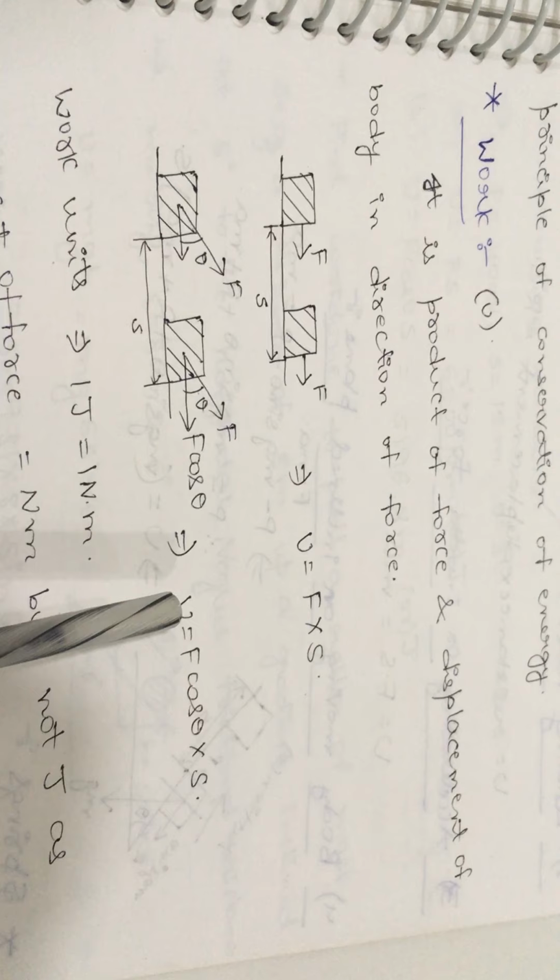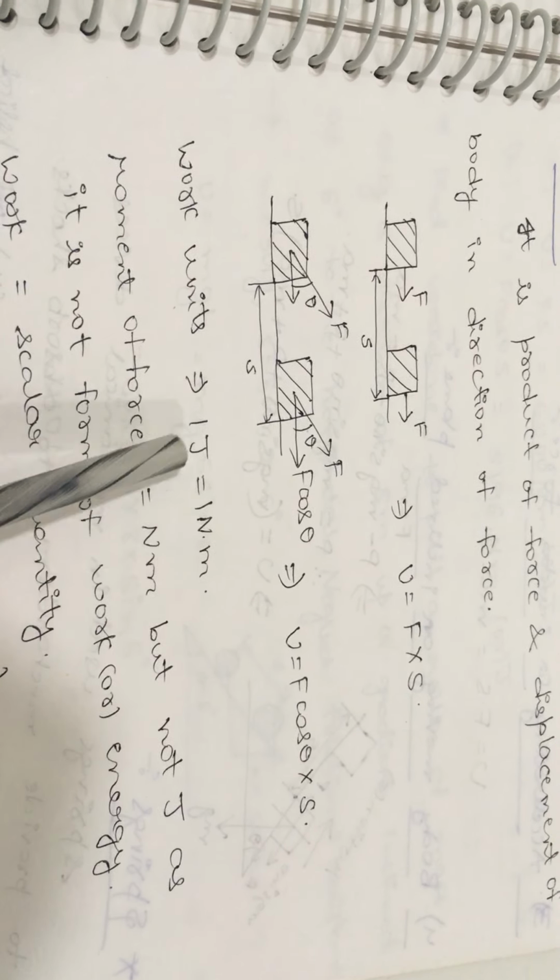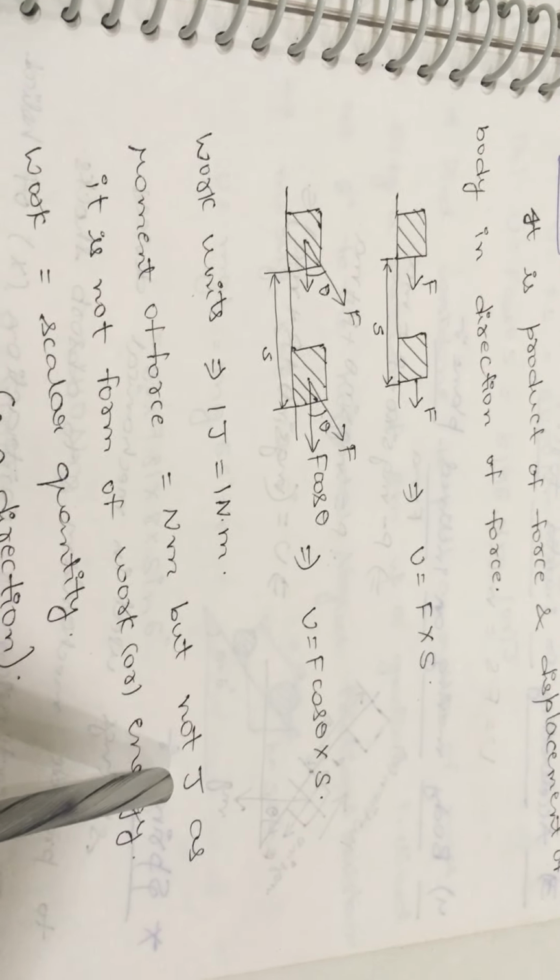The work done formula is completely based on the force only. And one more thing, coming to the units, work units are Newton meter, same as moment of force. One Newton meter is nothing but 1 joule, and for the moment of force you will not use the unit joules, as it is not a form of work done or energy, and moment of a force is a vector quantity.